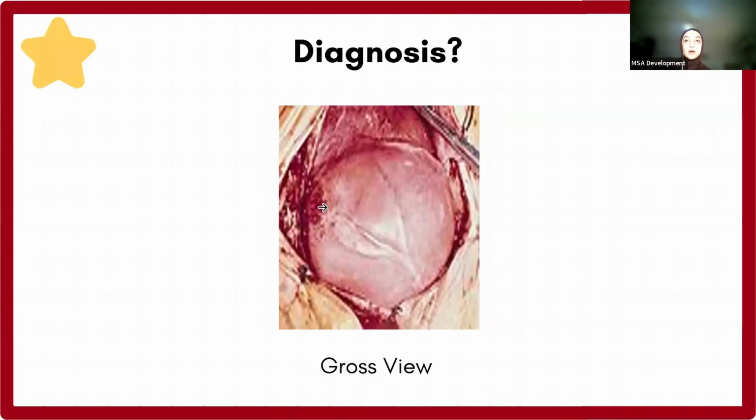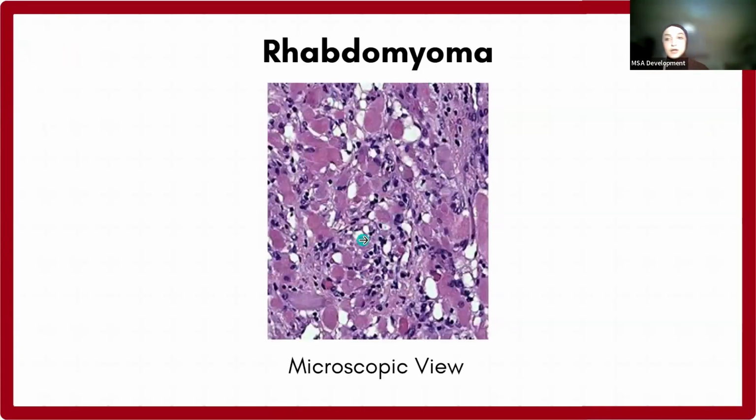Under histology, which is more important than the gross examination, you will see gray-white cells, and the usual myocytes mostly. This is because of glycogen deposition, which is why it appears white.